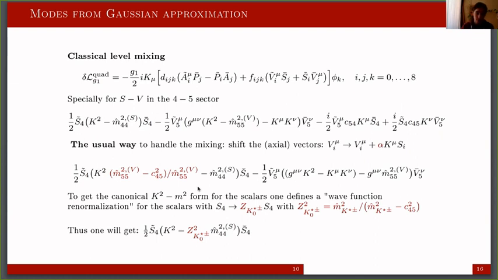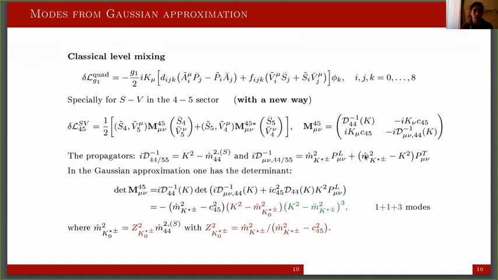In exchange, one will have an extra factor next to the momentum in the scalar term. One can get rid of this extra factor by introducing a wave function normalization, and one can then write the inverse scalar propagator in a canonical form. It's very nice, but it is not really clear how to make the shift if our vectors and axial vectors are not in a simple form, but are split up into different modes.